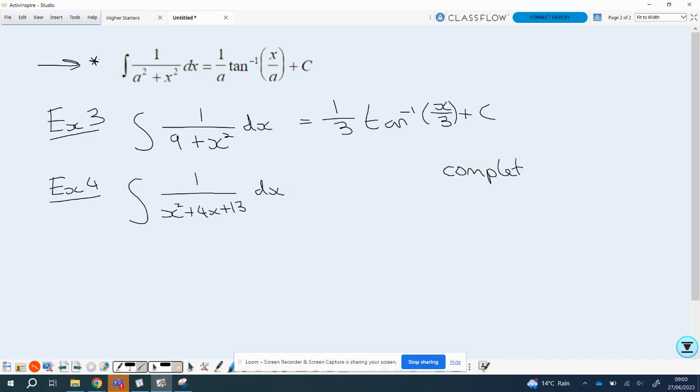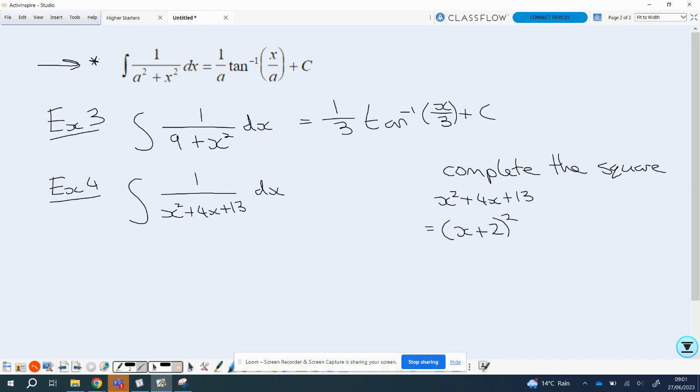You complete the square, a National 5 skill. I'm doing it for x squared plus 4x plus 13. There's loads of ways you can do it. You can equate coefficients, or you can just do the rule: half, square, subtract. Whatever way, as long as you know how to do it, you would get x plus 2 all squared.